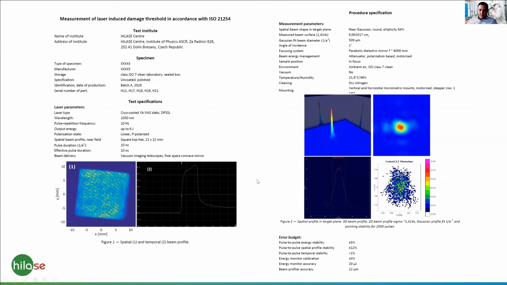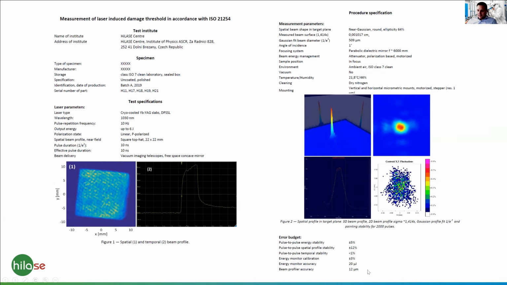This is an example of the ISO standardized protocol, where you can see the test specification, particularly what laser was used, then the procedure specification. This is information about the dimension of the beam testing the component, the focusing system, how the energy of the beam was handled, and the environment, temperature, humidity.